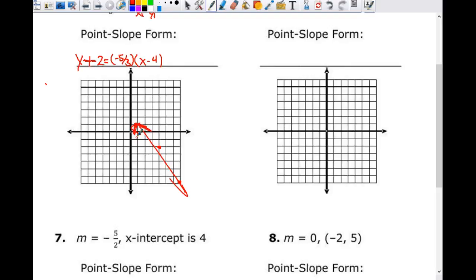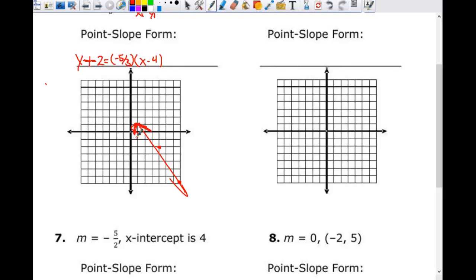Oh, you guys are looking at me like I'm crazy. It's very similar to what you were doing before, except instead of a y-intercept, you're given a point. Good job.